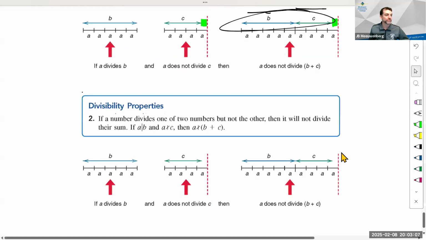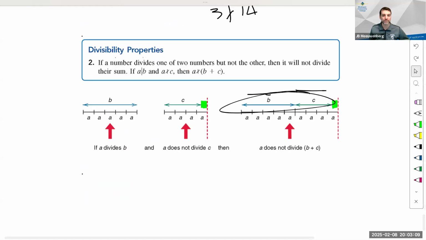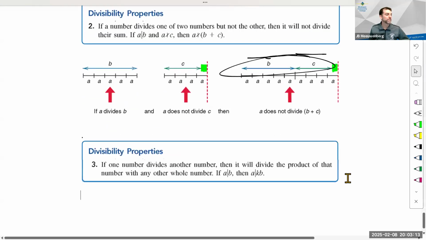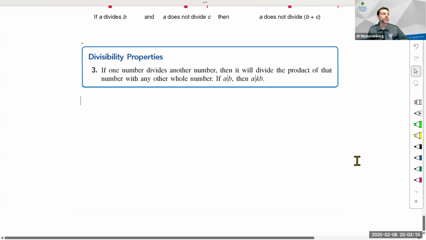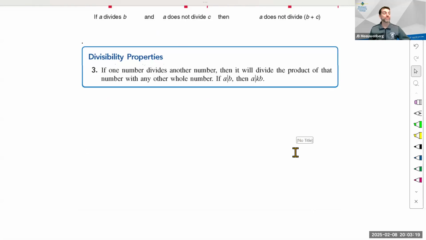And then finally, that's not the right one. Here's number 3. If one number divides another number, then it will divide the product of that number with any other whole number. So you've seen this introduced before.